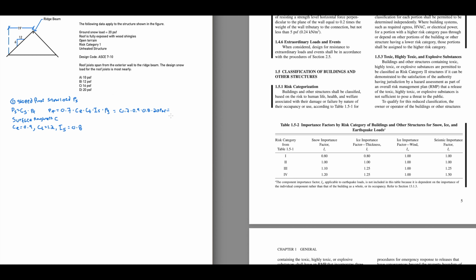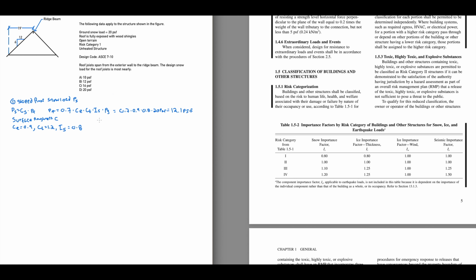So we know that PF is equal to 12.1 PSF. Okay. So we also know that PS is equal to CS times PF, right?